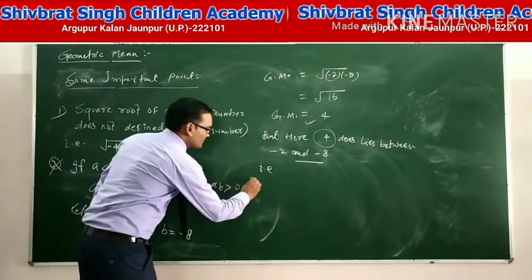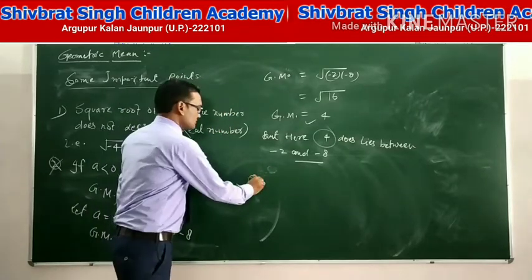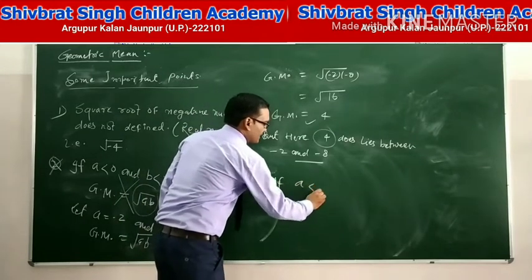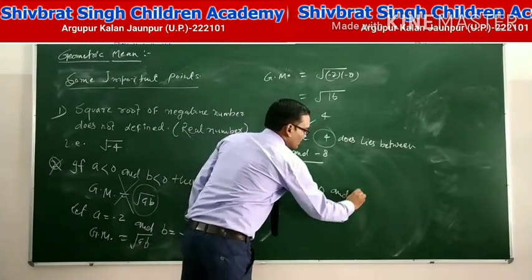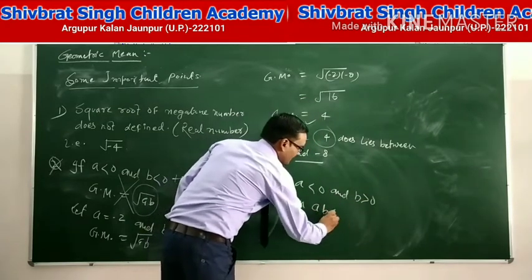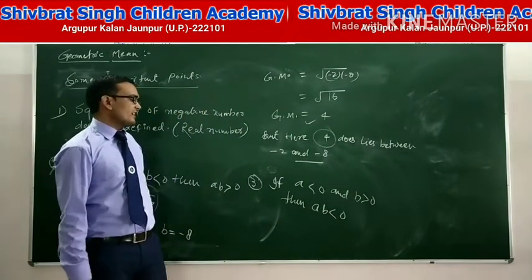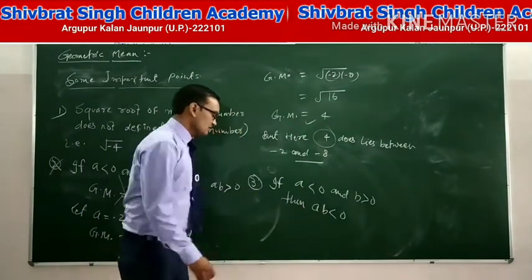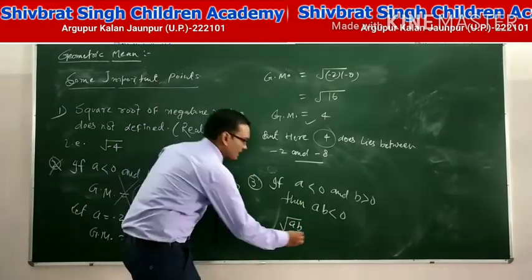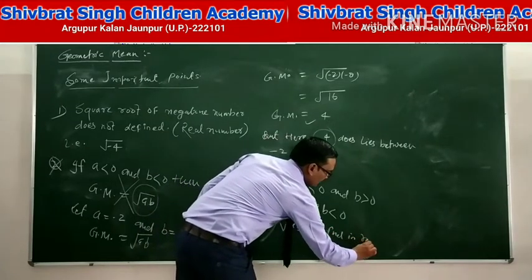And third, if A is negative and B is positive, then AB is negative, so we cannot find the value of square root AB in real numbers.